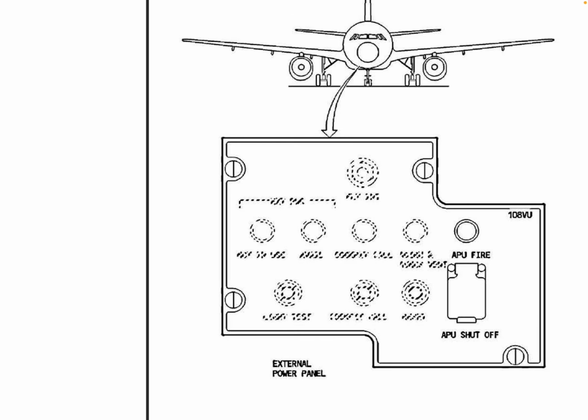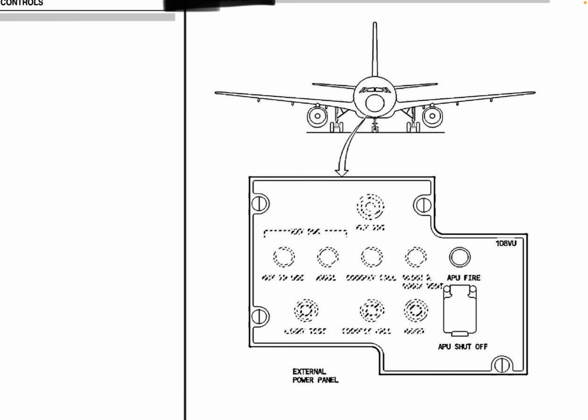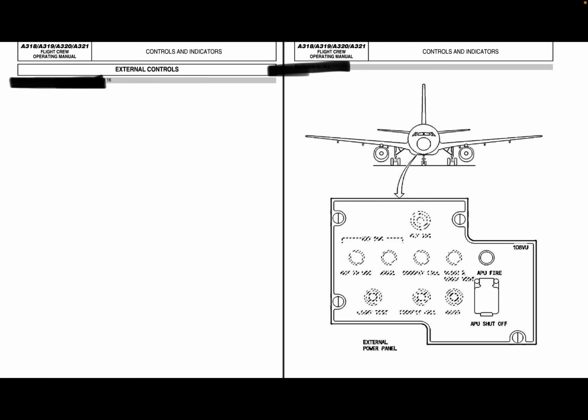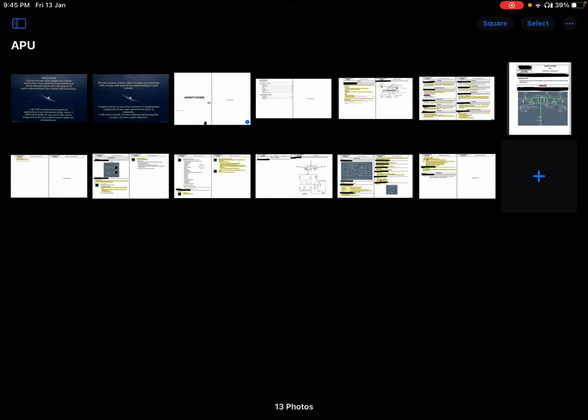In case of APU fire, ground personnel can use this button, the APU fire button, to emergency shut down the APU, right? Very clear.